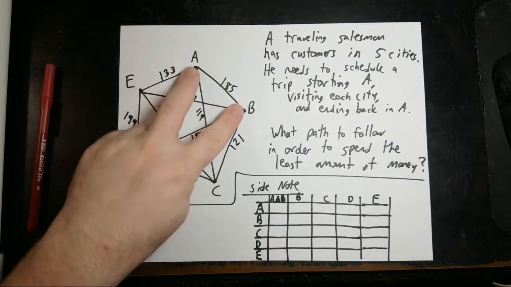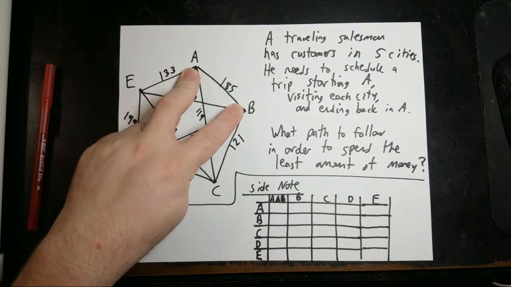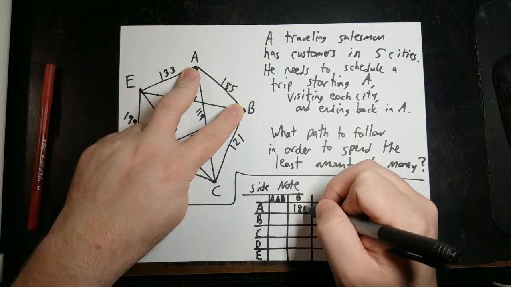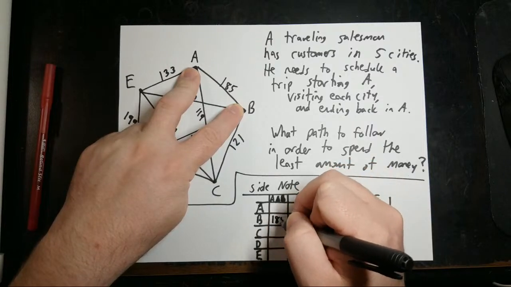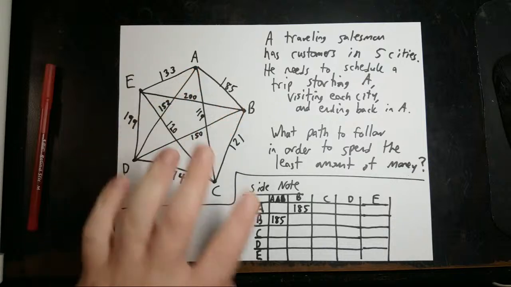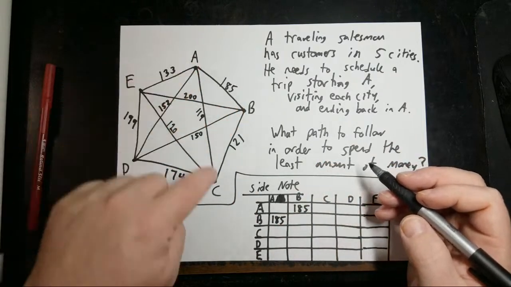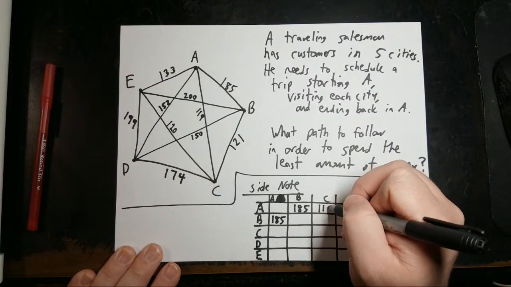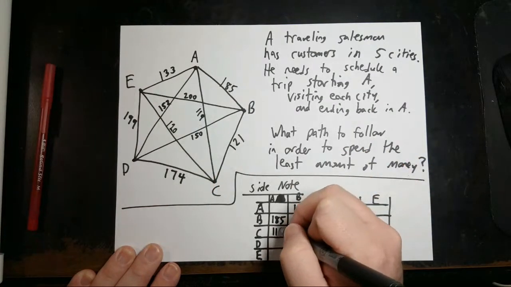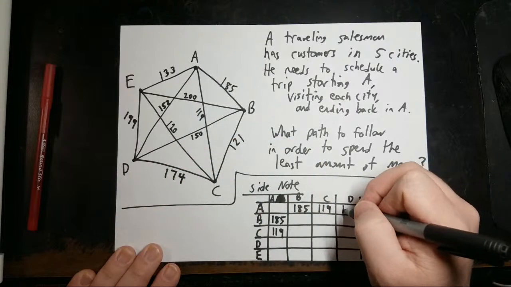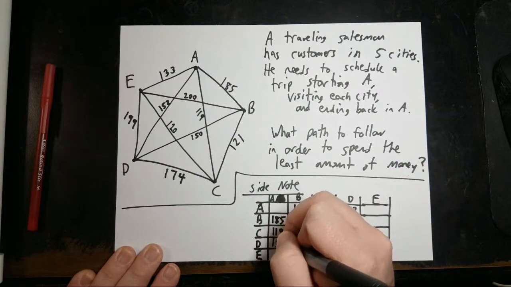Now, the reason why A to B, $185. This is just an organizational table. A to C is $119. A to D is $152.